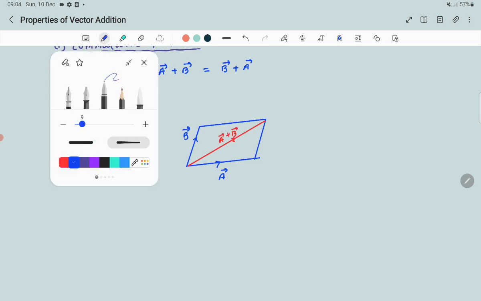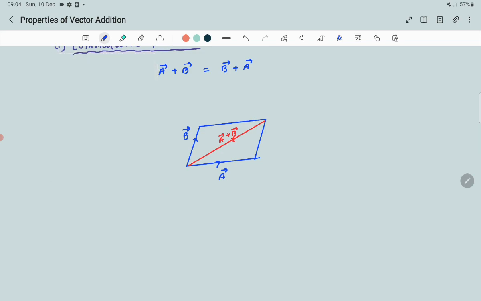But if this vector is b, then this vector is also b, because it is the opposite side of a parallelogram. So now you use the triangle law, then you will get the same result. That is, a and b are two vectors which are consecutively present on two sides of a triangle, so the third side in the opposite direction will give you the resultant, that is a plus b. This diagonal that I am showing here by using the red line is the addition of a and b.